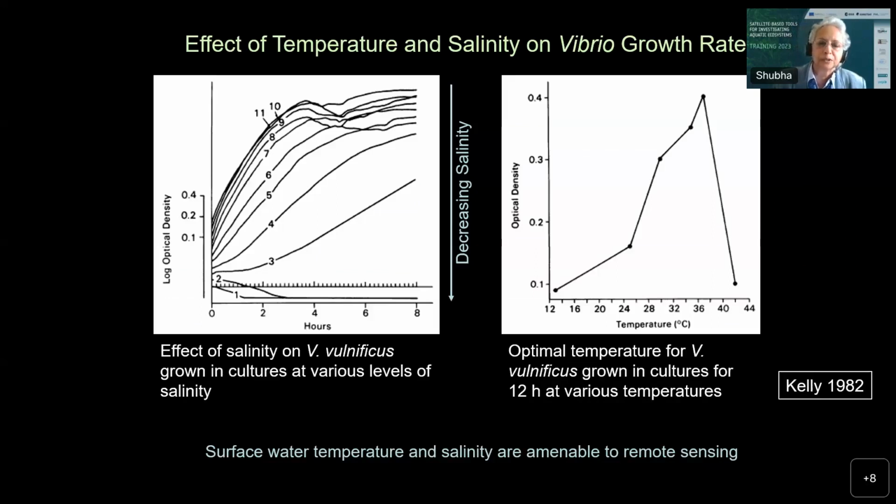This example is for Vibrio vulnificus, and you can see that they don't like decreasing salinity, and they have some preferred temperature beyond which they don't survive too well.